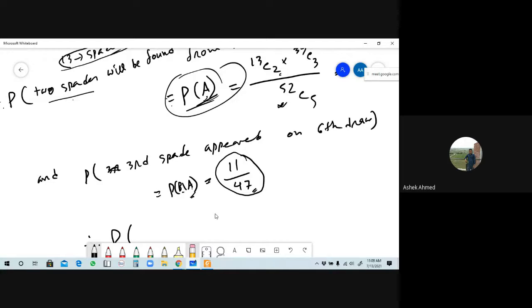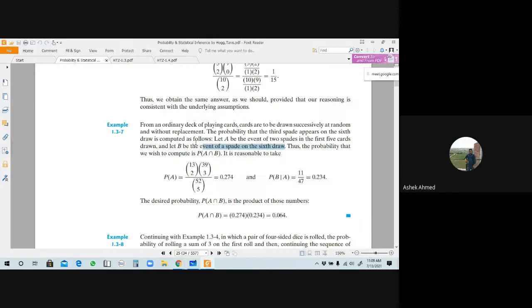আমাদের কোশ্চেনে দেখো there has given without replacement.